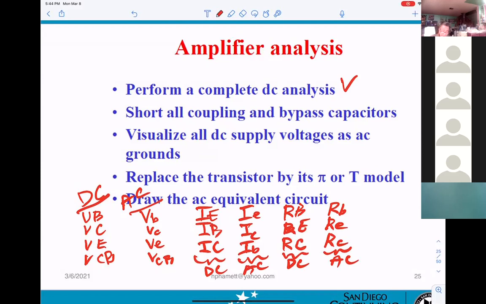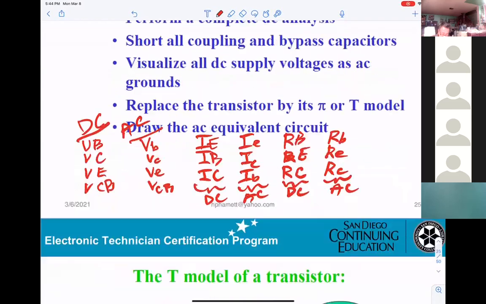So in order to convert into the AC circuitry, you cannot see any capacitor in the AC circuit. The capacitor will be shorted. And also the DC power supply must be shorted to ground. Then you replace the transistor with the pi or T model. That means you must follow that.